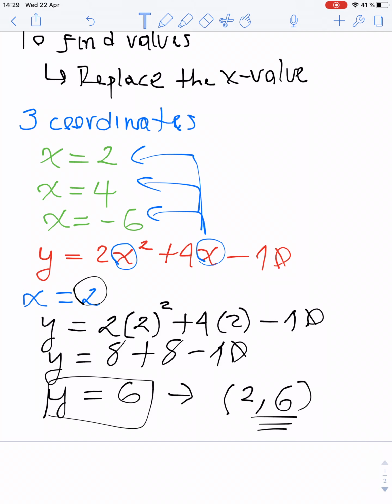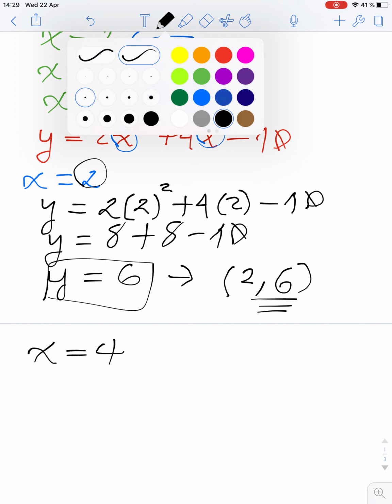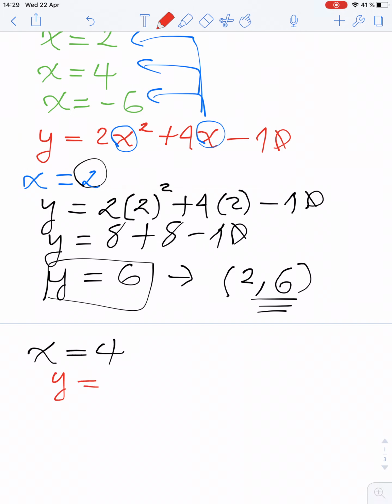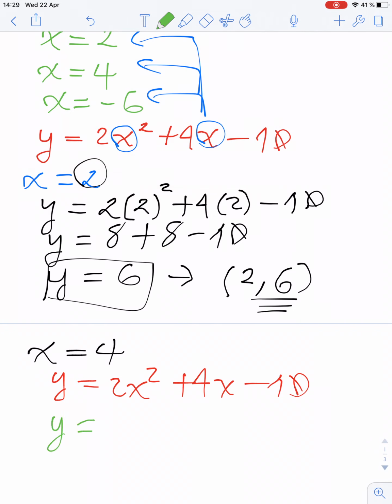Now we're going to find another point of the curve, when the value for x is equal to 4. Again, we replace in the formula y equal to 2x squared plus 4x minus 10. We change the value for x by 4, which gives 2 times 4 to the power of 2 plus 4 times 4 minus 10.